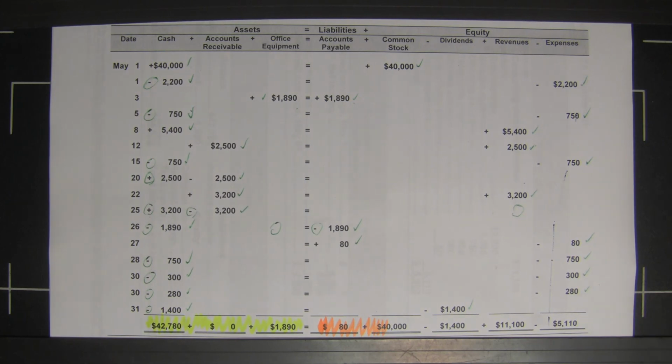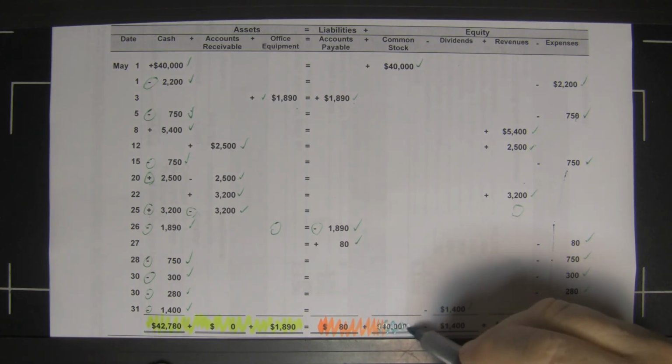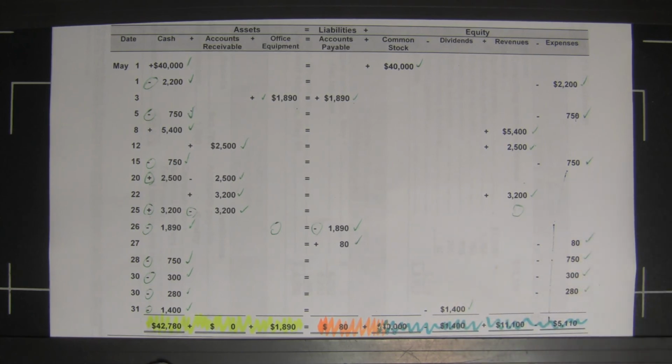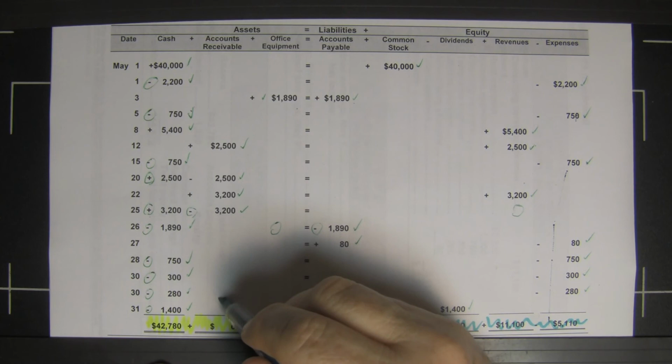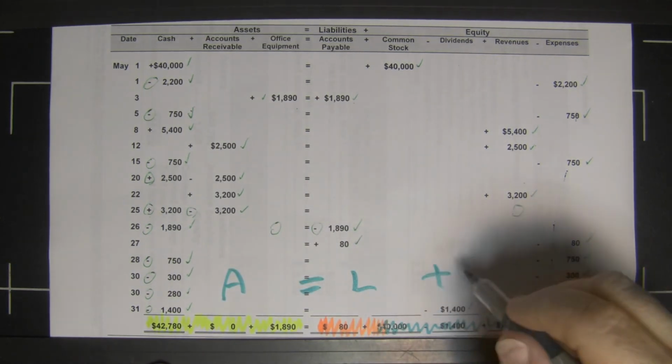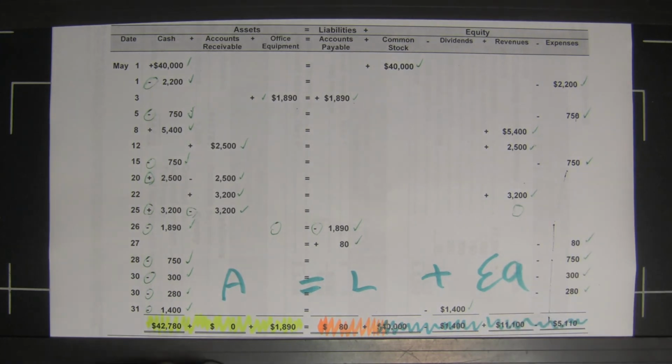And the remainders are the equity accounts. So, again, we have assets equals liability plus equity. That's taking a month's worth of transactions, breaking them out.